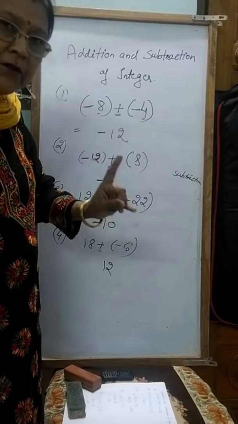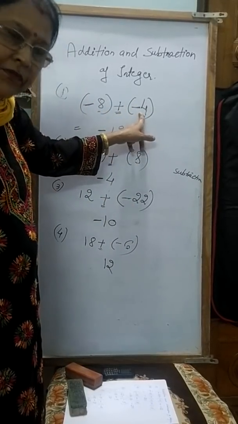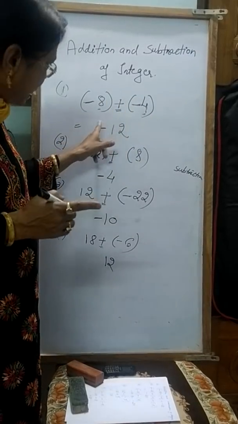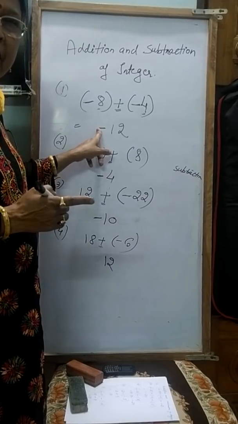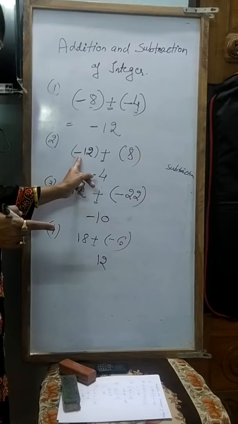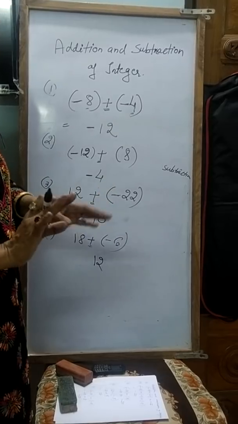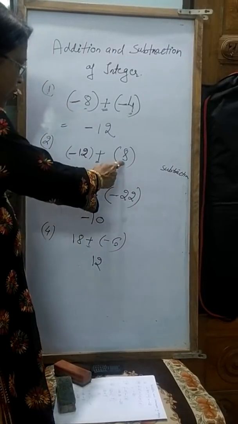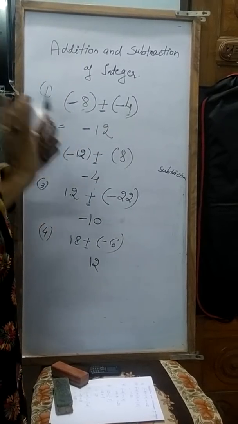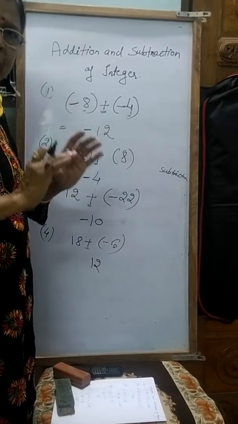So the main point: if both the numbers are negative, then you add the numbers and write the negative sign. And second, if one is positive and another is negative, then you always do the subtraction only. अगर एक प्लस है और एक माइनस है, तो हमेशा माइनस करेंगे. माइनस करते समय बिल्कुल सिंपल मेथड में बड़े में से छोटा नंबर माइनस कर दो.